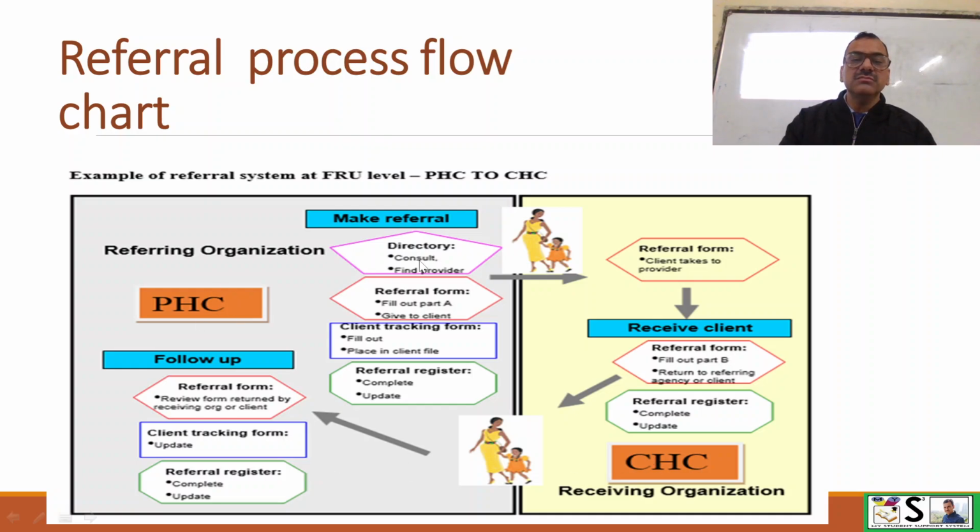When the client comes, consultation is given, the referral form is filled, part A is filled, and after entering it in the referral register, the client is sent to the receiving facility. At the CHC, treatment is given, then part B is filled, and the client is asked to report again to the PHC. At the PHC, follow-up treatment is given and treatment is completed.